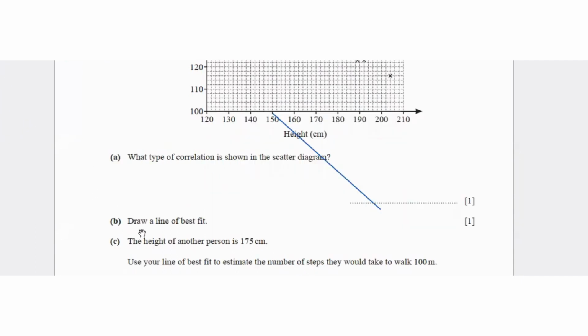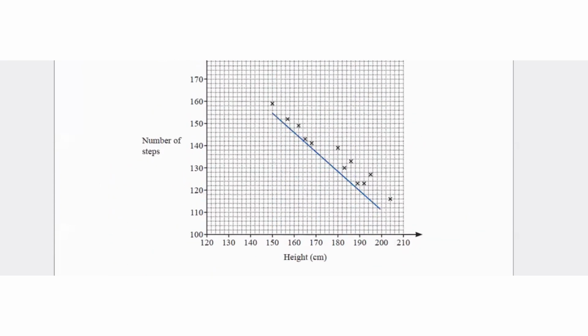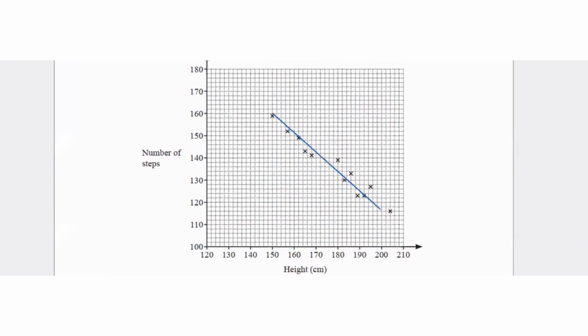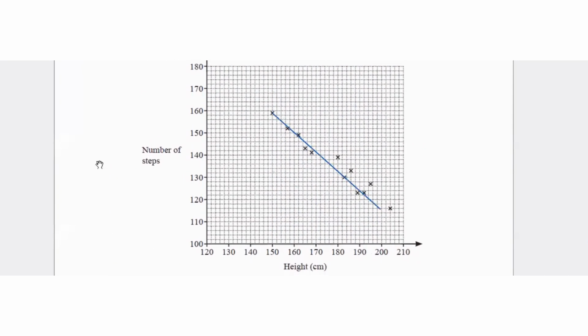And in the next part, it says the height of another person is 175 centimeters. Use your line to estimate the number of steps they would walk. So for 175 centimeters, let's draw a line from here.